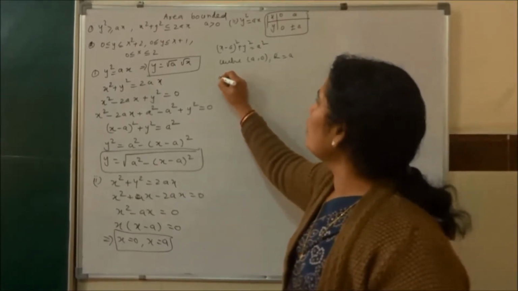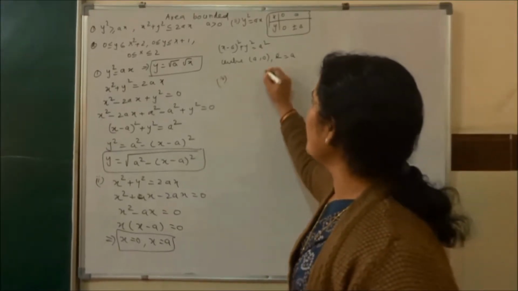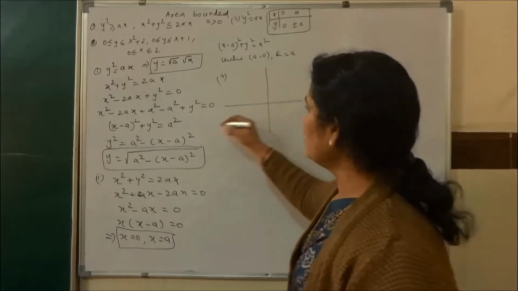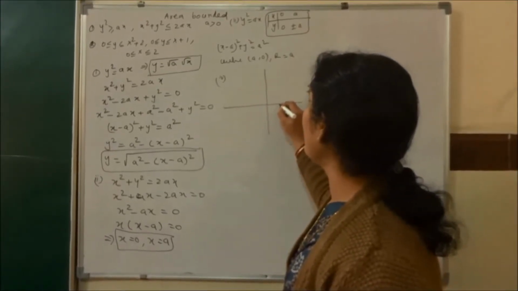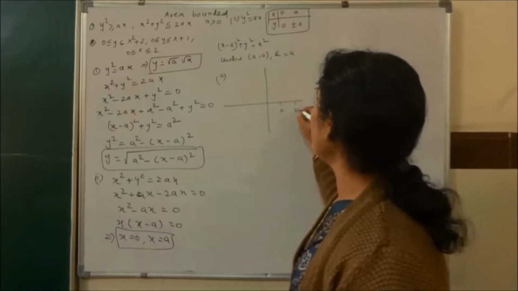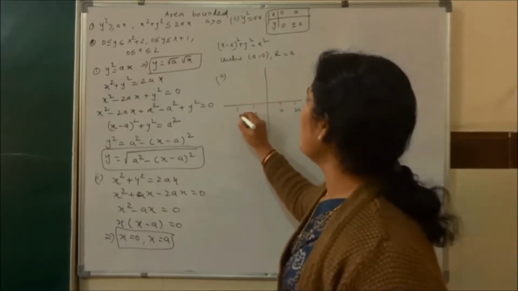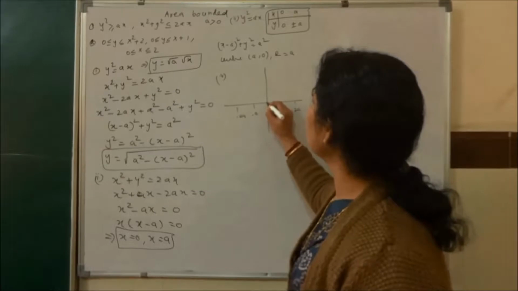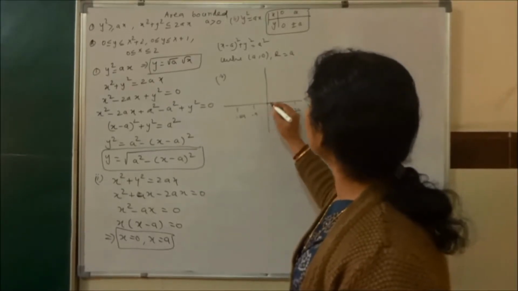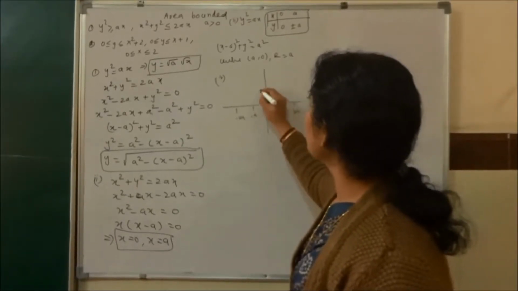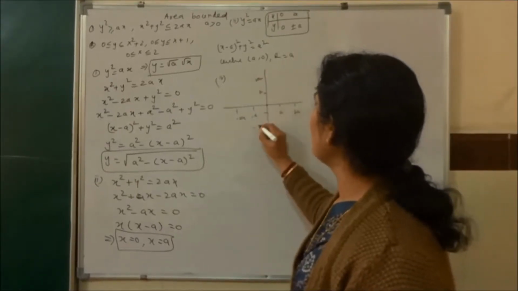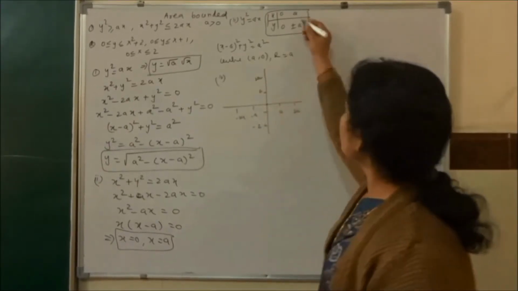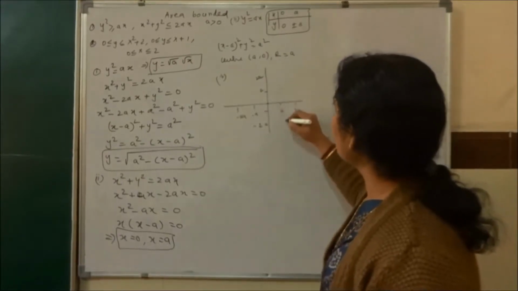Now step number 4, that is the rough diagram. Let me draw the circle equation and the parabola equation. Mark a, that is 2a, and then minus a, then minus 2a. The parabola passes through 0, 0. Then on the x-axis plus a, on the y-axis plus a and minus a.